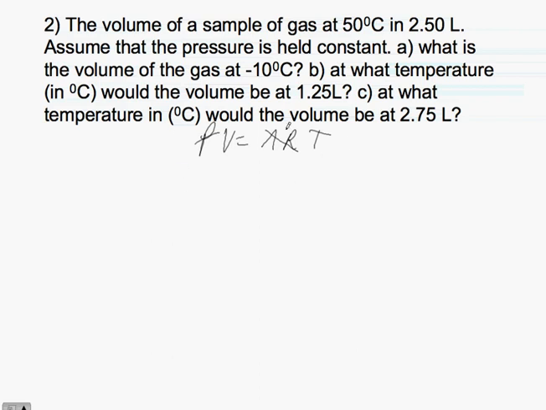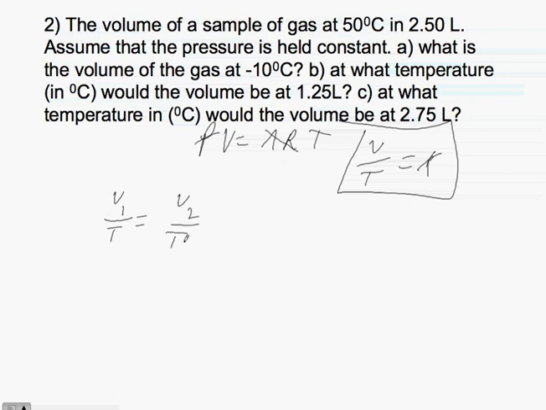So we can group the constants together and we get V over T is equal to some constant K. N and R are constant because this is a closed system and the number of moles doesn't change. So we have V1 over T1 is equal to V2 over T2, and this relationship is known as Charles's law.